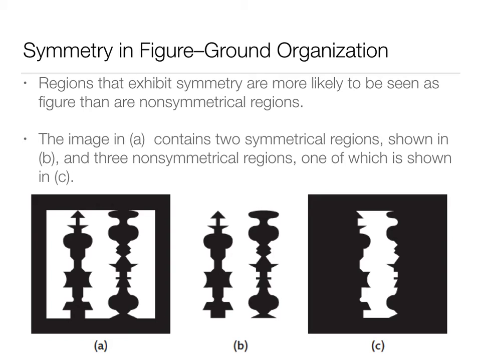And that's because of that process of symmetry. We're more likely to see these candlestick-like things as the figure because they're symmetrical, whereas we're not as likely to see the space between those as the figure because they're non-symmetrical. Again, we're going to be more likely to attribute the figure to the thing that's symmetrical.